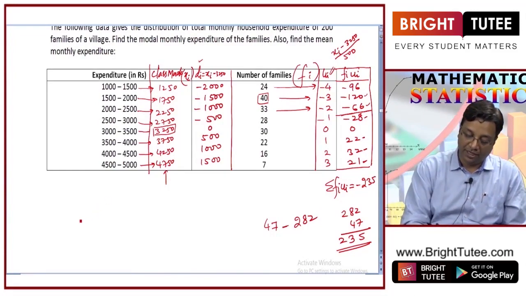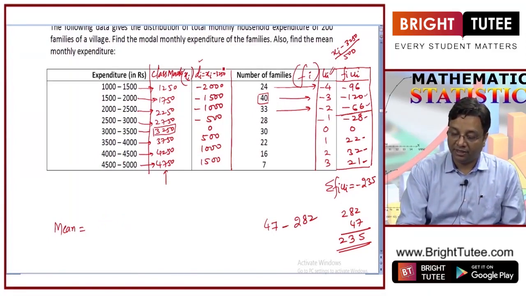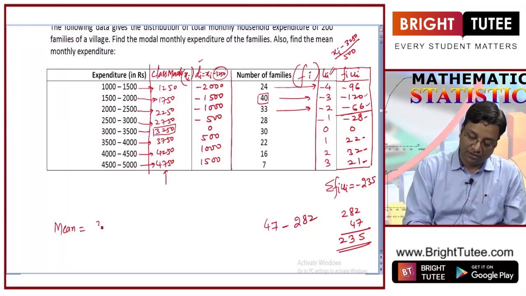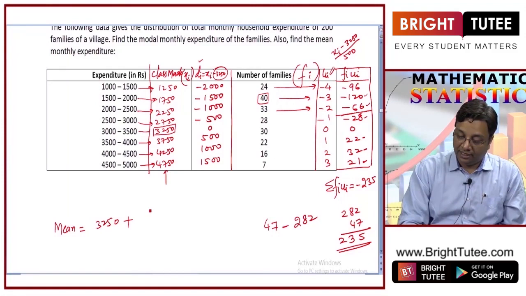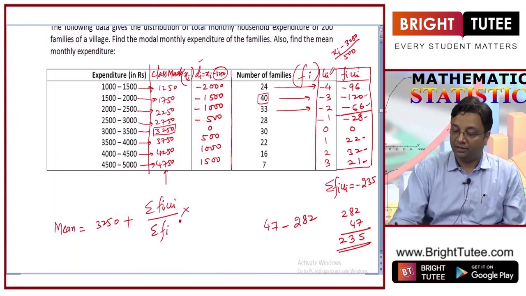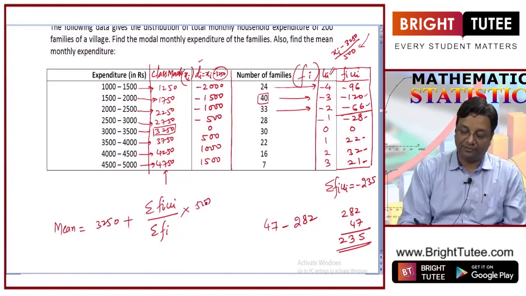So what is the mean? Mean is equal to, we will add what we have subtracted. We had subtracted 3250, so we will add it, and then sigma fi ui divided by sigma fi, and we will multiply with the number which we divided with, so 500.